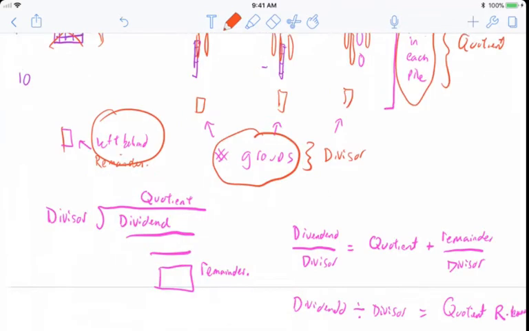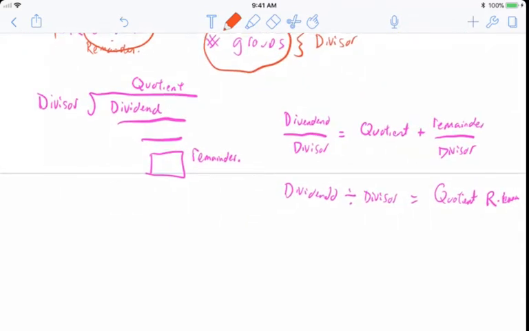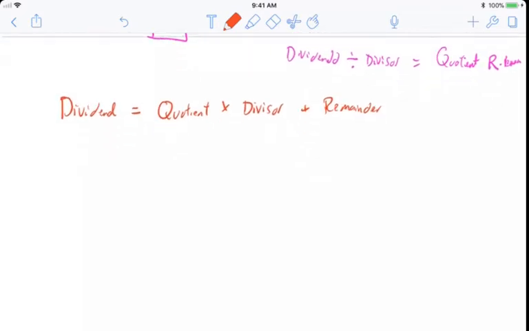And that means that we can rewrite this as dividend is equal to the quotient, which is the number of blocks in each pile, times the divisor, which is the number of piles, plus the remainder. Okay? So let me do an example just demonstrating that these two relationships are true.